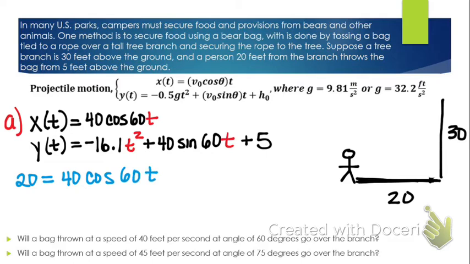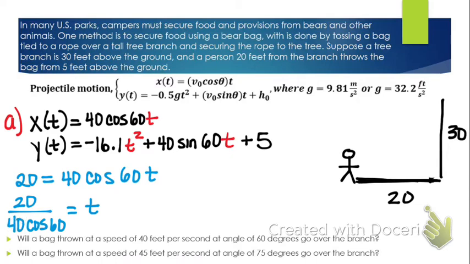Now, depending on your calculator, you may have to include parentheses around that 40 cosine 60. But you should get t equals 1. So if you're not getting that, try it again, and this time put parentheses around 40 cosine 60, if your calculator doesn't have a fraction option.